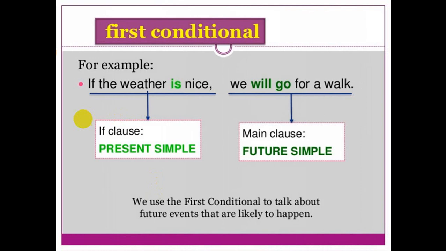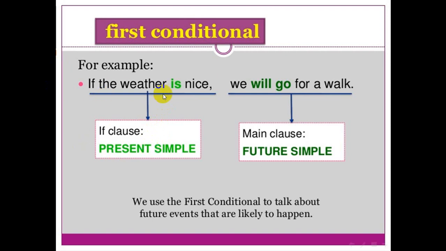First conditional. Here we have a clear example. If the weather is nice. This is the if clause. Present simple حاضر بسيط قد يكون فعلا عاديا main verb or a verb to be like am, is or are. It's okay. They are the same. They are present simple.